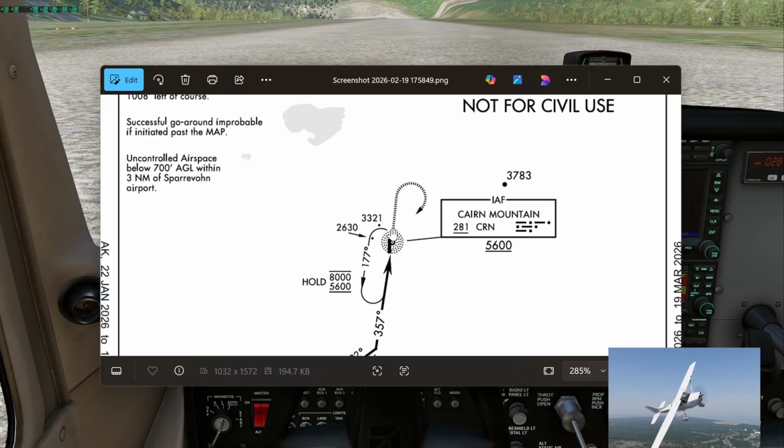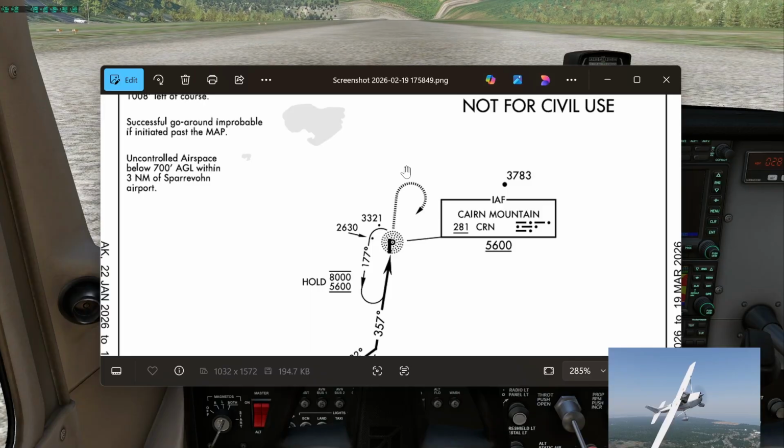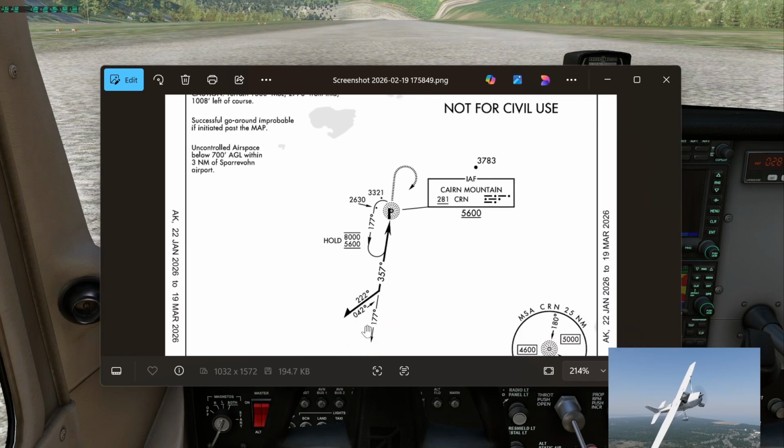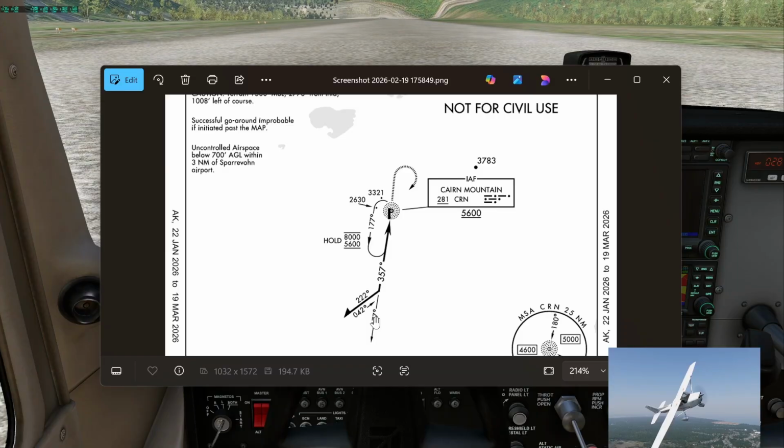Now I took the liberty of putting a course going out this way, and also a procedure turn will be a left turn and then a right turn back in. We'll intercept the 357 bearing from the station, and our relative magnetic heading will be 177 degrees. We're going to fly these numbers.